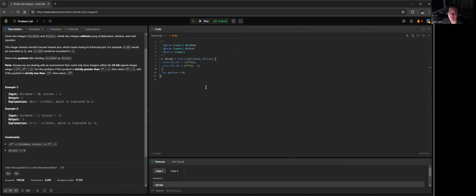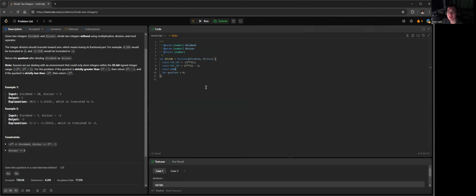We just turn everything into positive and keep track of the sign. We can turn both the dividend and the divisor into positive numbers and keep track of the sign.